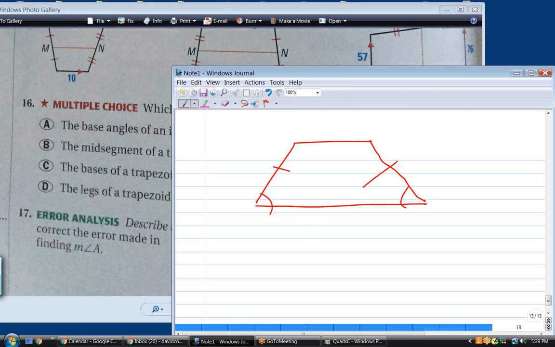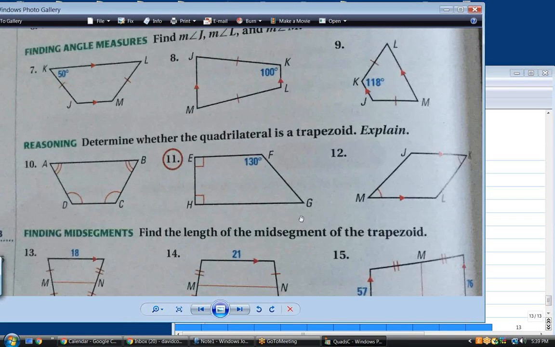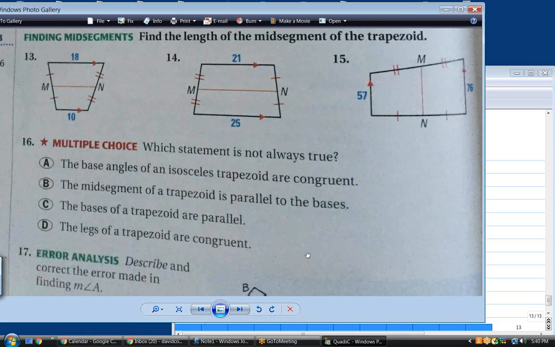But if it's not an isosceles trapezoid, in other words, if I make my trapezoid like this, now that leg is not congruent to that leg. So that's the one that's not always true.